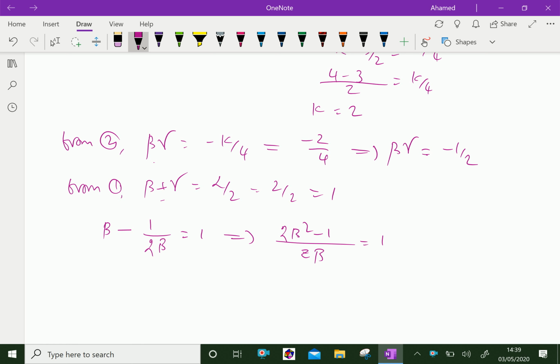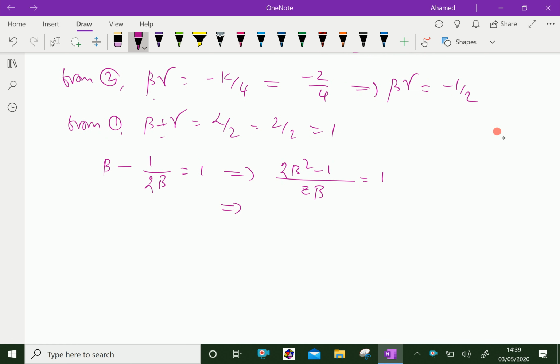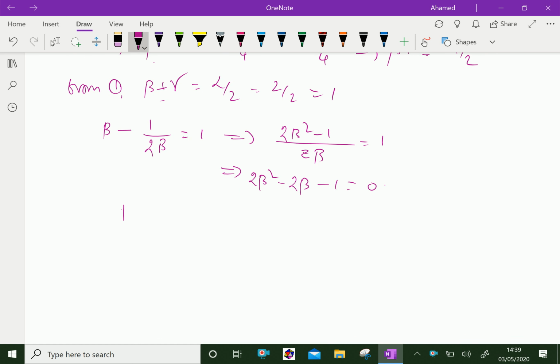By solving the quadratic equation with the quadratic formula, beta equals minus b, that is 2, plus or minus root of b square, which is 4, minus 4ac, that is 4 plus 8, by 2a, which is 4.